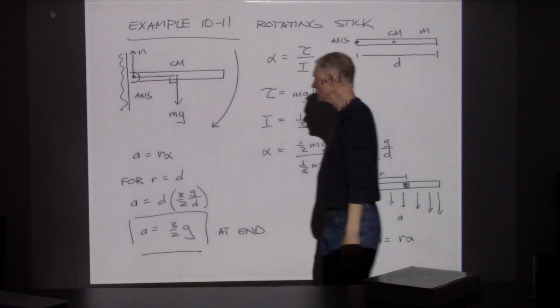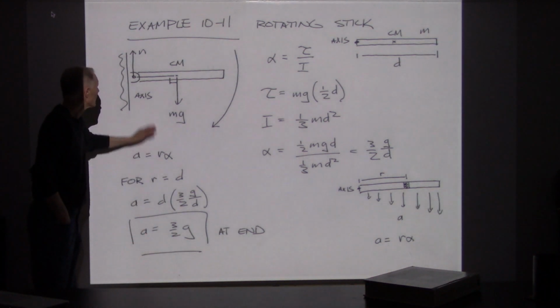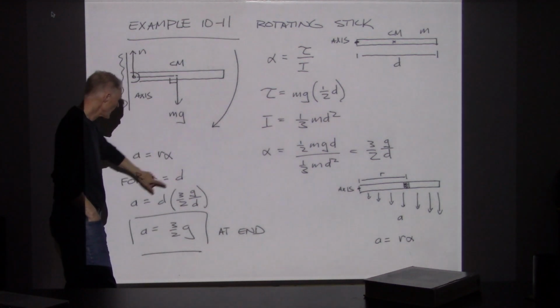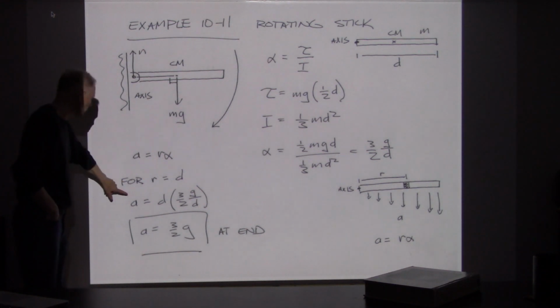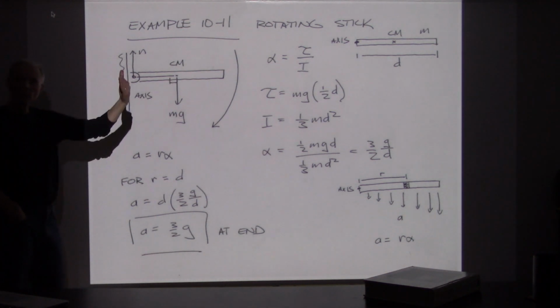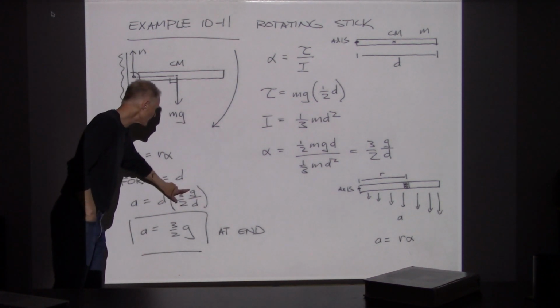So for that point at the very end, all the way out over here, r is equal to d, and so the linear acceleration of that point at the very end is going to be given by d times 3/2 g over d.